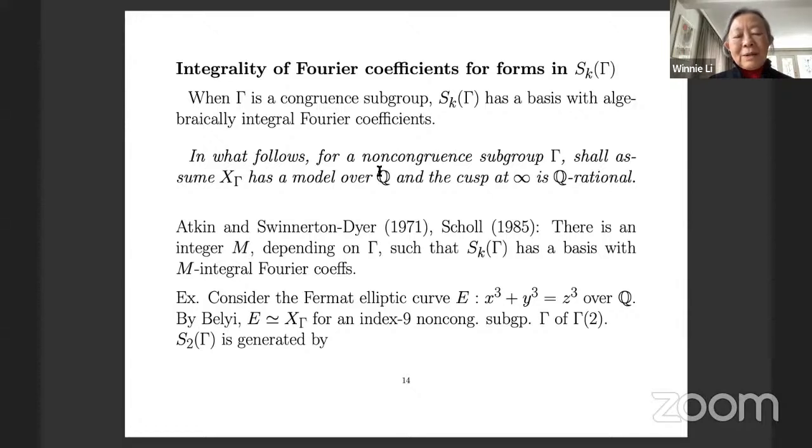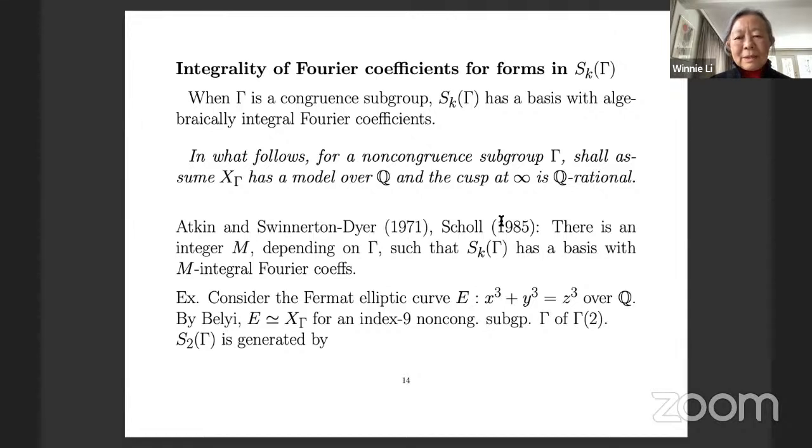For a non-congruence subgroup, the study was initiated by Atkin and Swinnerton-Dyer in 1971. When we talk about arithmetic Fourier coefficients, we will always assume that the curve has a model over Q such that the cusp infinity is a Q-rational point. That's the only case that's been investigated.